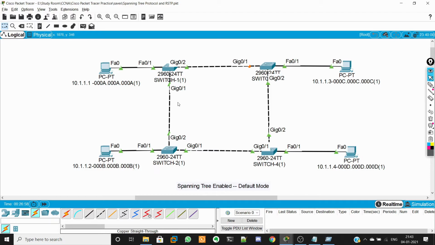It will see the lowest MAC: in which path it has the lowest MAC address, it will choose that particular path to reach the root. So that particular port will be the root port. In this case, this port is in forwarding state.